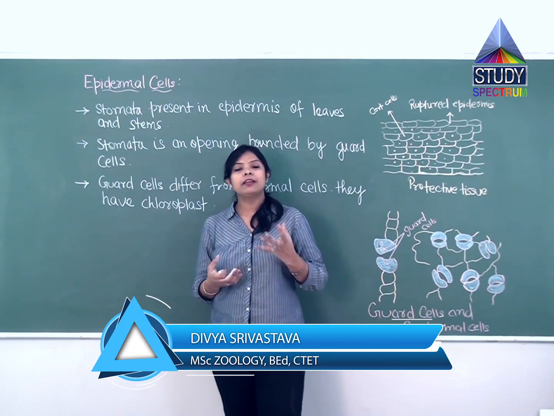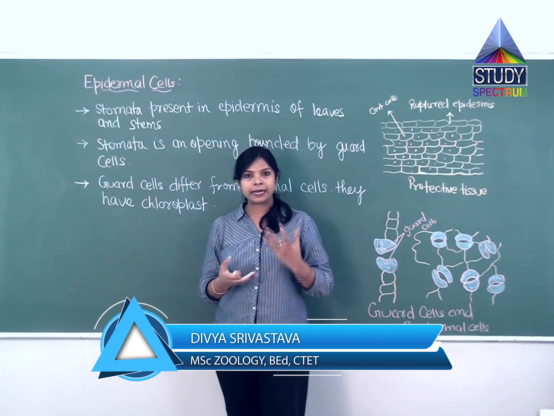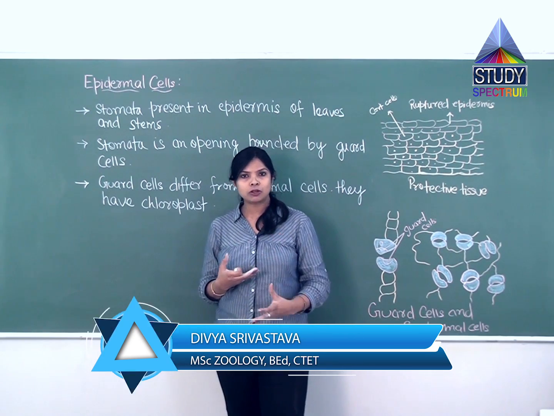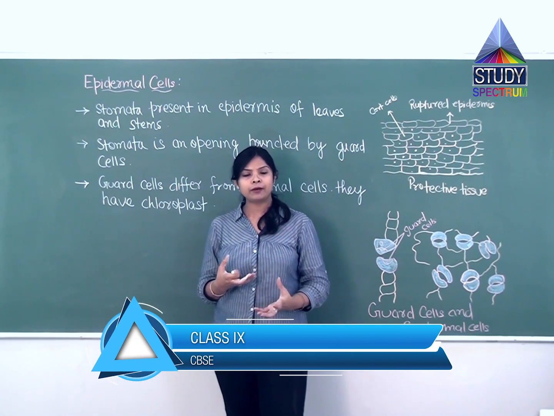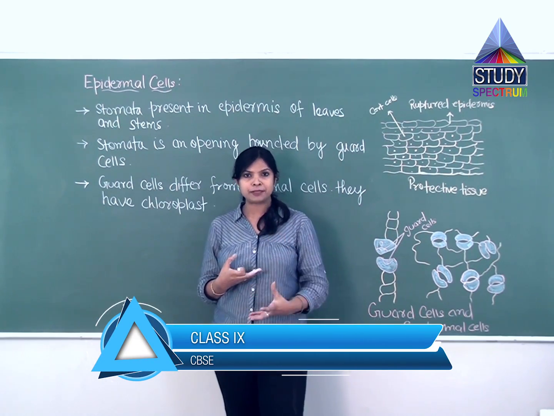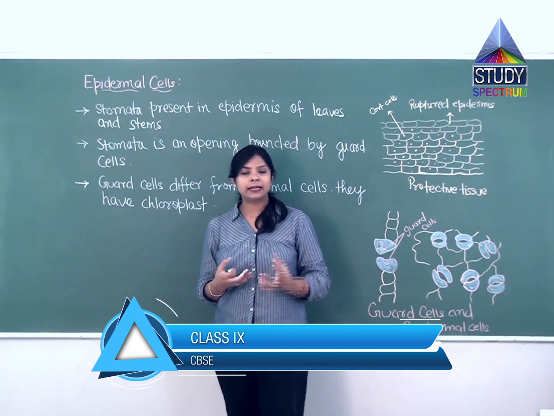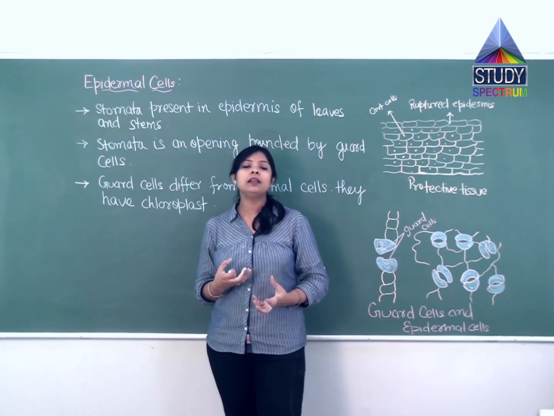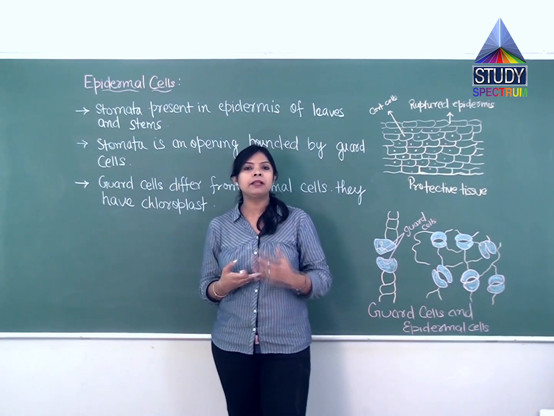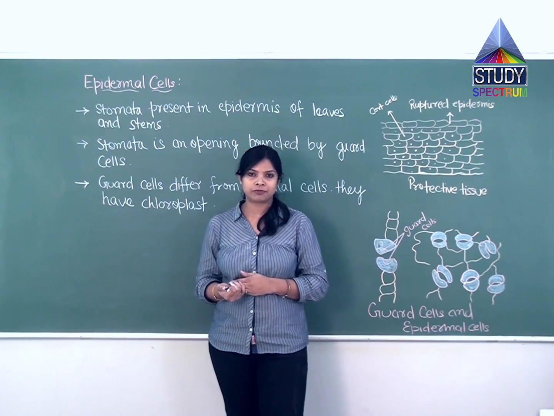If there is high temperature, loss of water will also be very high. So because of that, the epidermis forms a thicker layer with a spongy appearance so that it can retain the water of the plant and it will not be lost in the dry atmosphere.